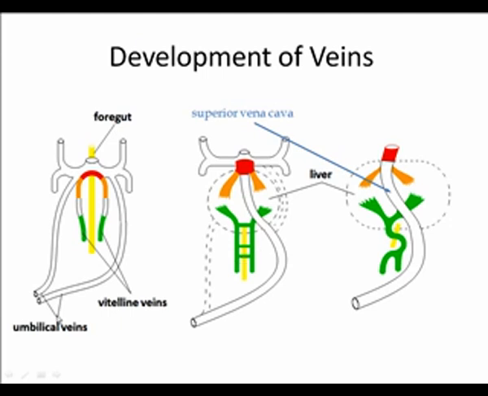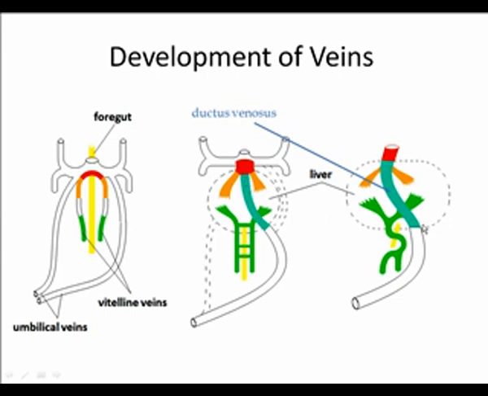In addition, we can talk about the umbilical veins and note that the umbilical vein on the right side is going to degenerate because of the growth of the liver. So we'll just end up with a left umbilical vein, and that will continue to the liver, and then there will be this new vessel that forms, called the ductus venosus.